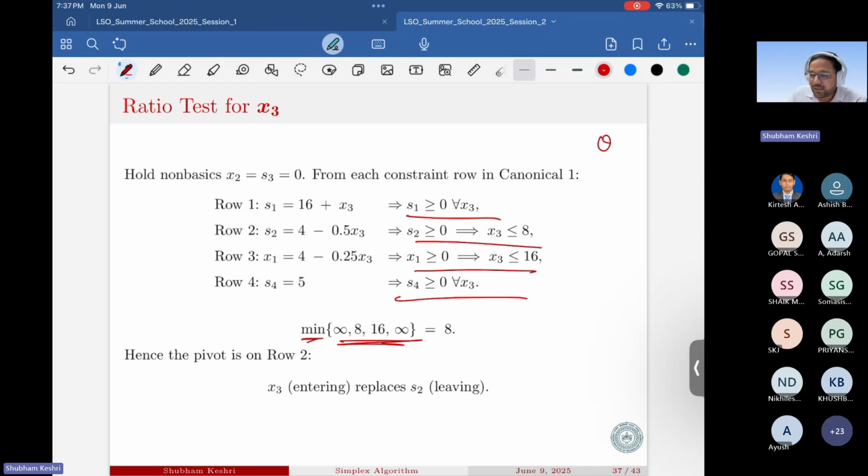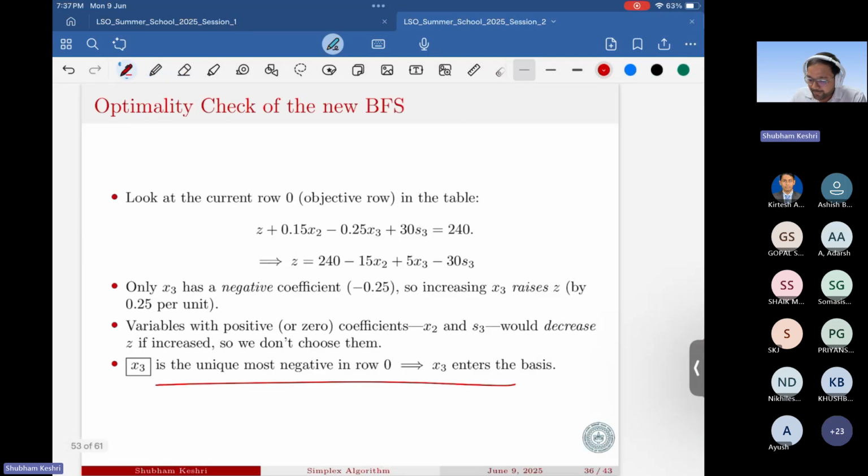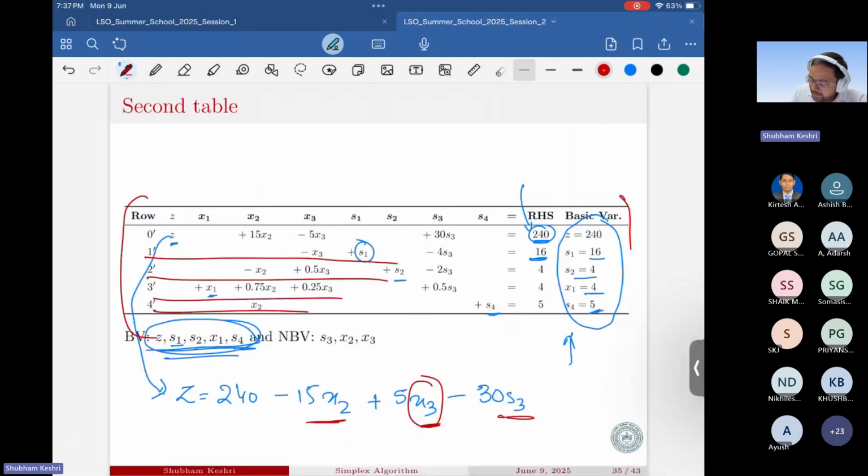You take theta, you take b divided by whatever that is. If you go through the Tableau, you will do the same thing. This Tableau is the same as the Simplex Tableau which you write, but we are doing it using equations. For optimality there, we check Cj minus Zj, or somebody can also say Zj minus Cj.